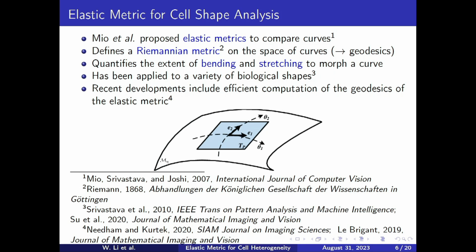The elastic metric quantifies the extent of bending and stretching to morph a curve into another one. It has been applied to a variety of biological shapes, including biometrics and human body shapes. Recent developments on the elastic metric include efficient computation of its geodesics.